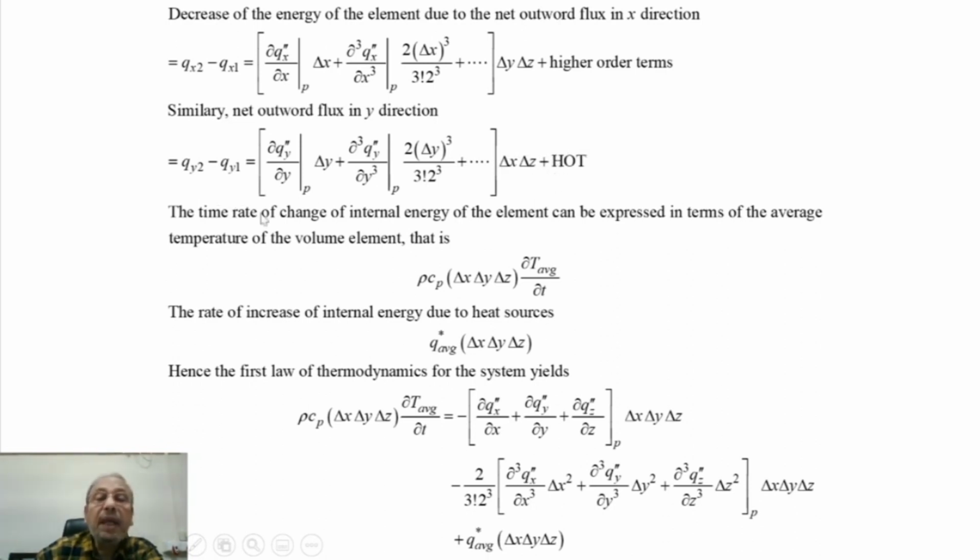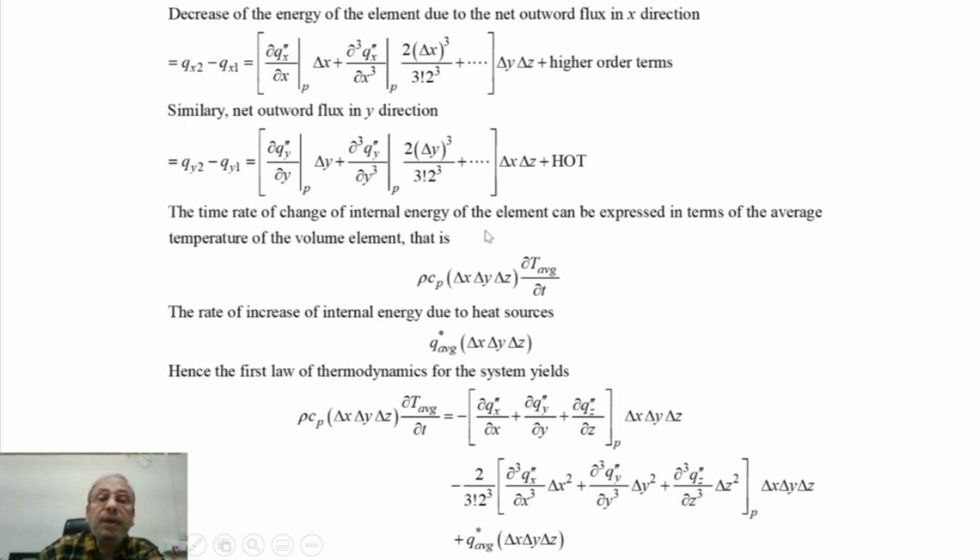So this way we can calculate in z direction also. This is basically energy that is leaving the element, delta x delta y into delta z, the energy that is coming in and going out, we are calculating as flux.